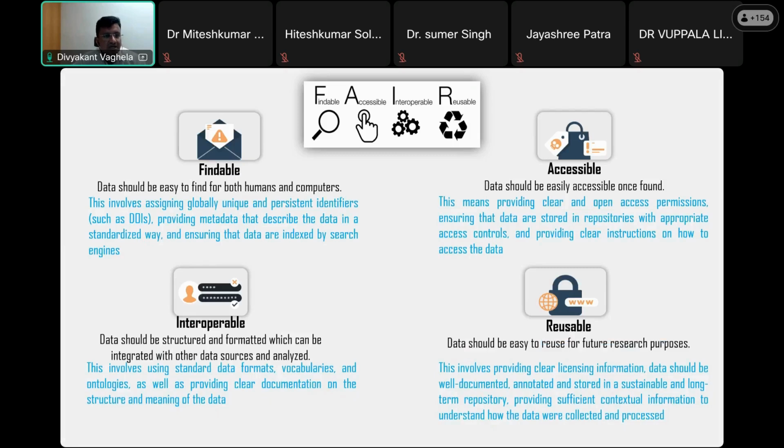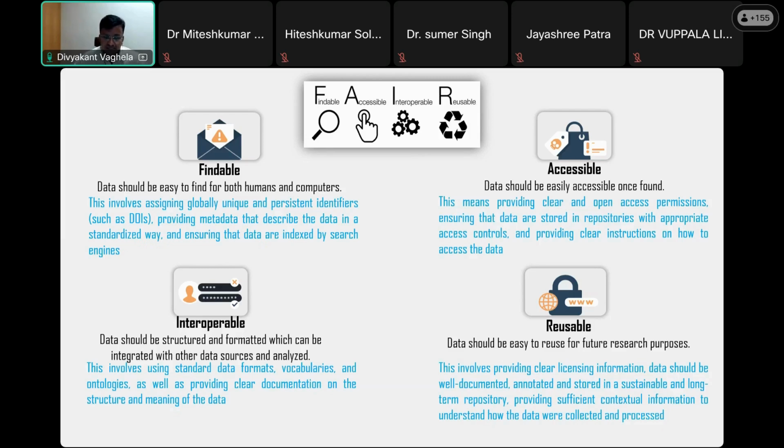That means the data set should have a persistent identifier or DOI, and proper metadata should be assigned and described in a way that the data can be indexed properly.